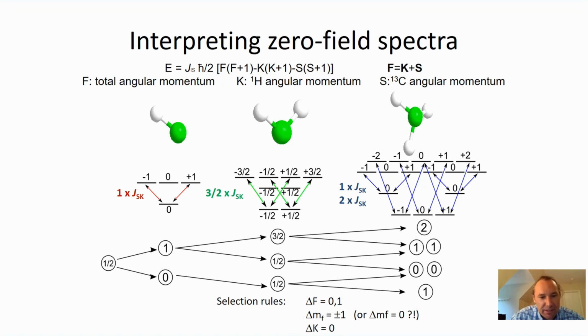But once you do, you find that the delta F selection rule, which means the allowed change of total angular momentum, is either 0 or 1. The change in angular momentum of the protons that is allowed is 0. And with these selection rules, you can then start drawing these arrows, and you can know which manifolds you're allowed to connect and which ones you're not. But the details are not fully covered on the slide. It's just illustrating the procedure.